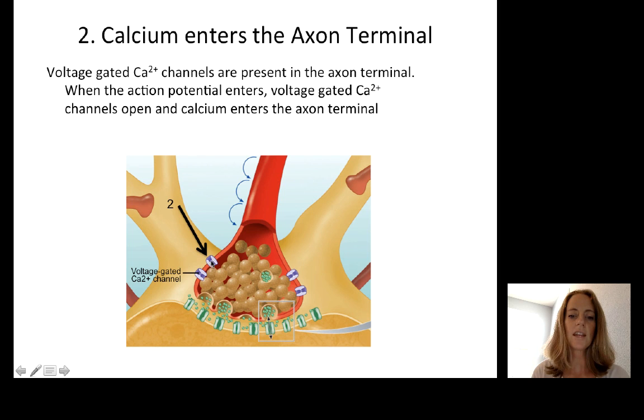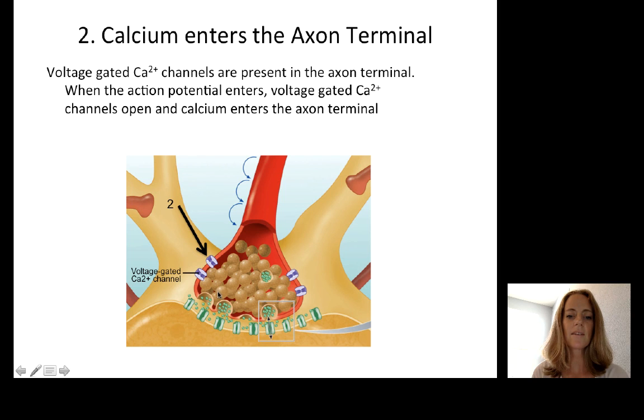So these voltage-gated calcium channels are waiting for the action potential to come in. That change in voltage that is caused by the action potential will open up these voltage-gated calcium channels. Calcium will come in and the neurotransmitter will be released from the synaptic vesicles.